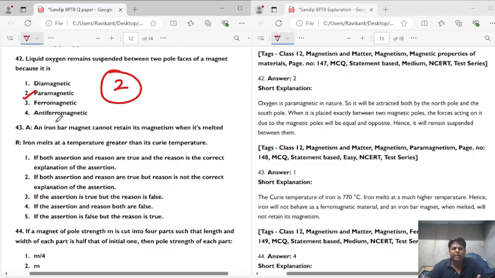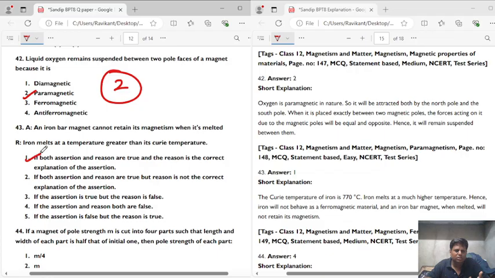So when it is melted, the temperature goes beyond the Curie temperature and it loses its magnetism. So the first and second statements are correct, and the second statement is the correct explanation for the assertion. So the correct answer is option number 1, that is both assertion and reason are true and the reason is the correct explanation for the assertion, right?